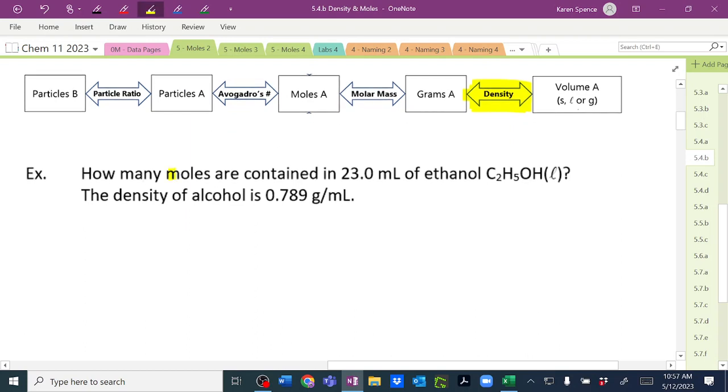How many moles are contained in 23.0 milliliters of ethanol? So 23 milliliters, what can we convert milliliters into? Take a look at the question, see if there's any conversion factors in there.